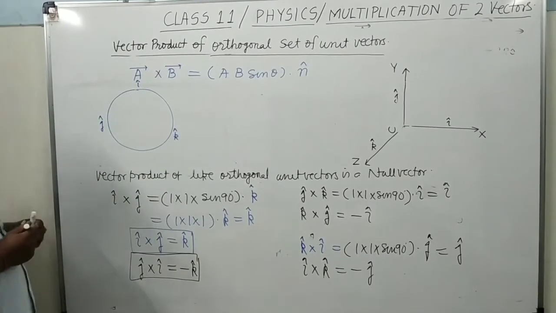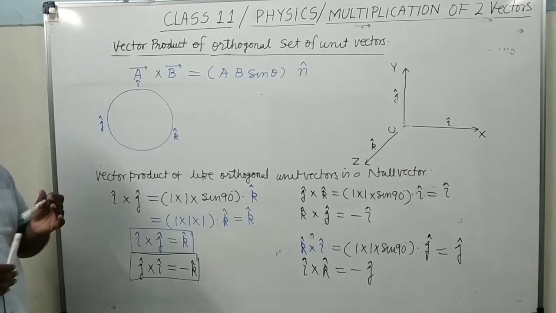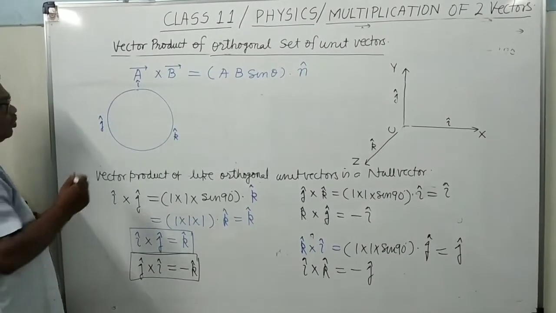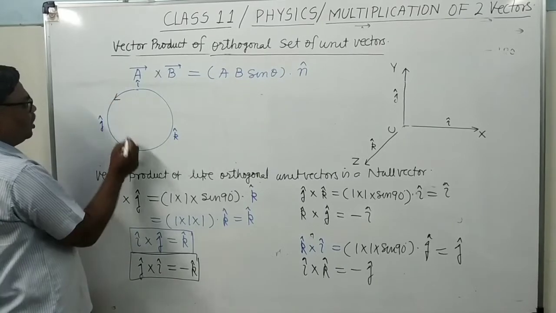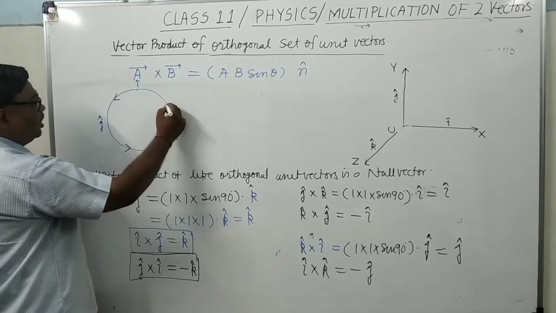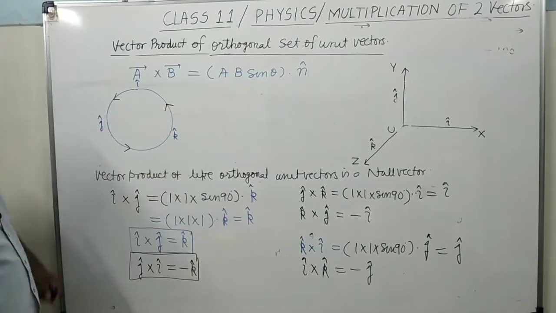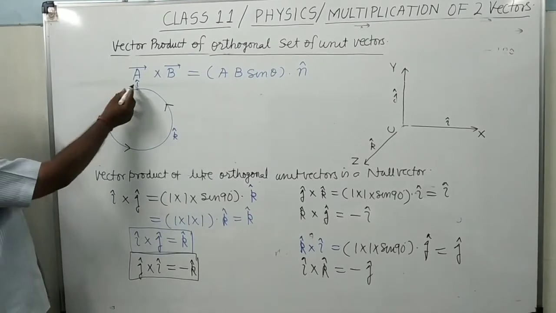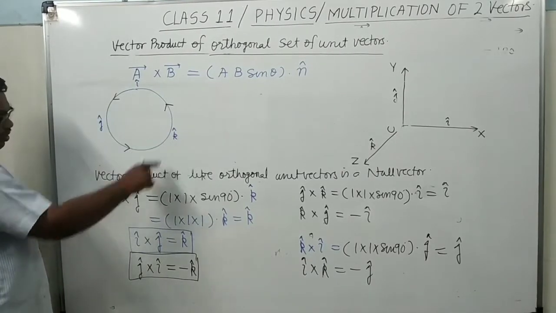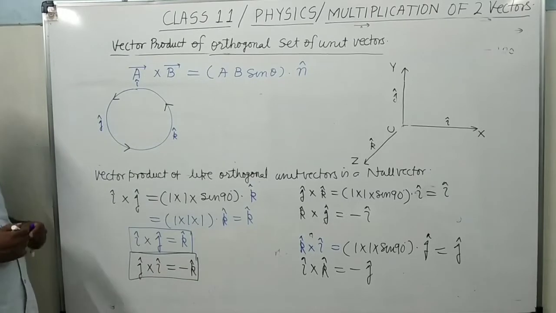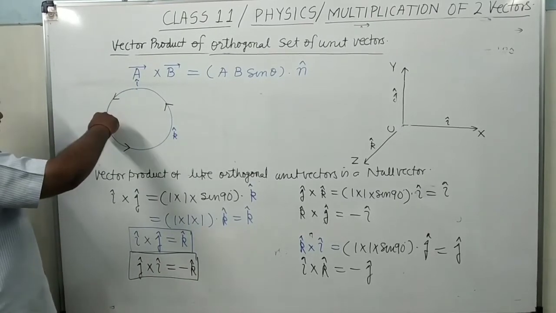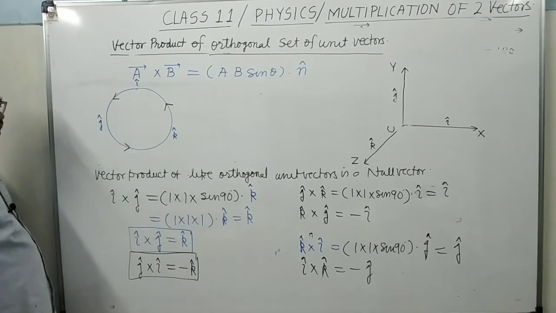As we know that we always take anti-clockwise direction as the positive direction. So you put the arrow in anti-clockwise direction. You remember here, i cross j equals k. You can see i cross j equals k.